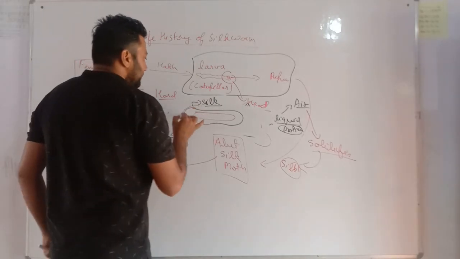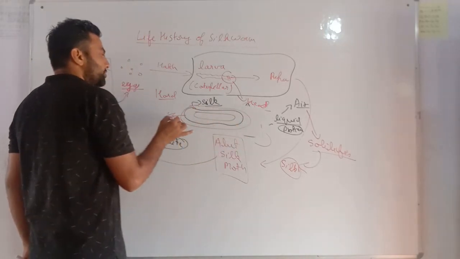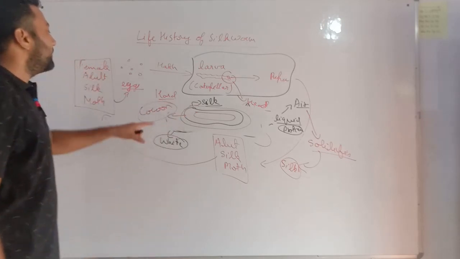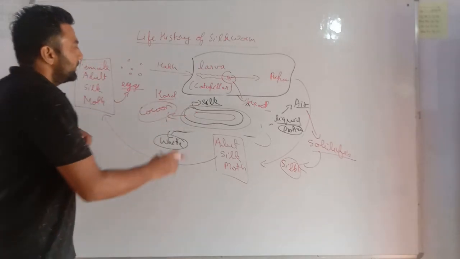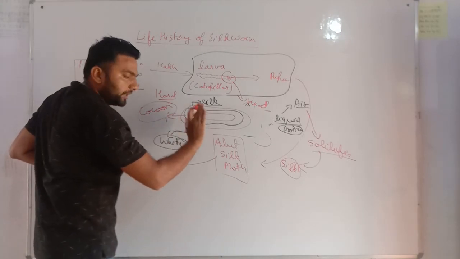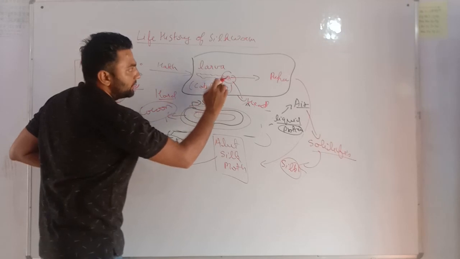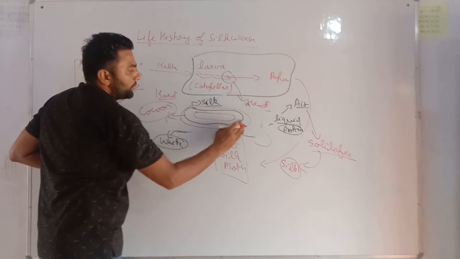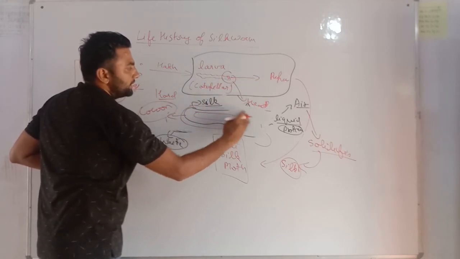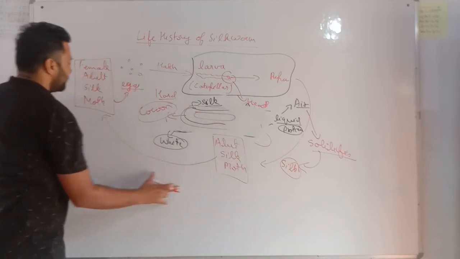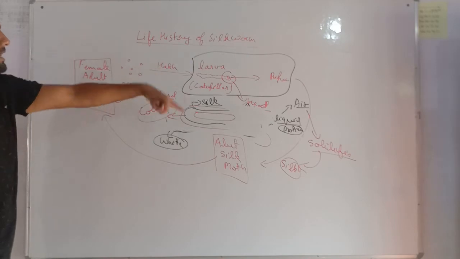This complete white portion along with the pupa is known as cocoon. Cocoon is our useful thing. If this cocoon remains undisturbed, the larva will become a pupa. The pupa will break this outer covering, come out and become an adult silk moth, and again this life cycle starts.